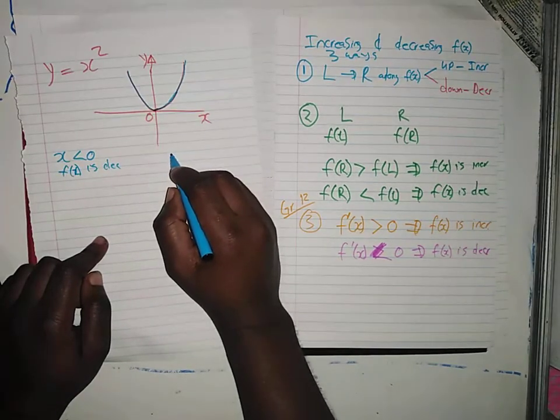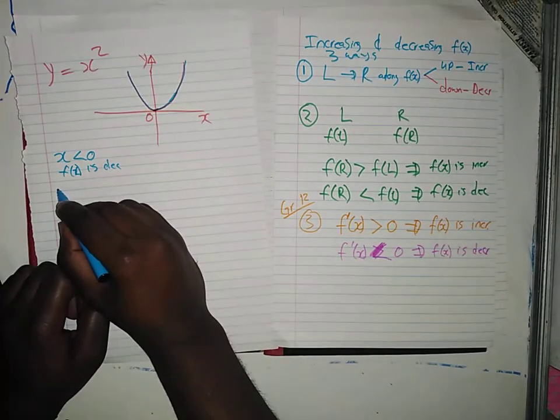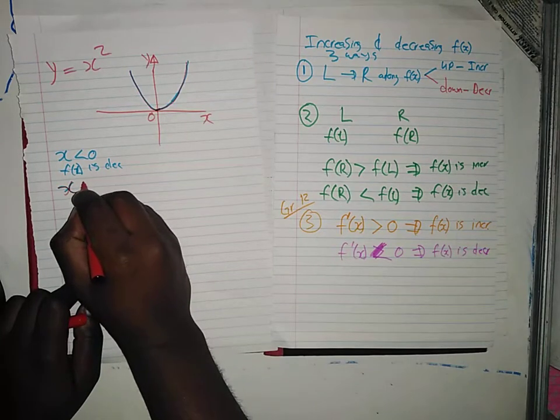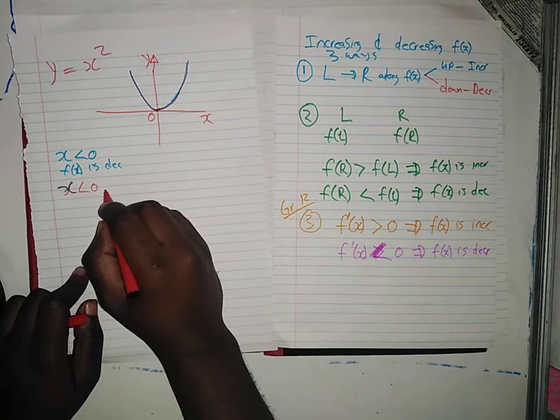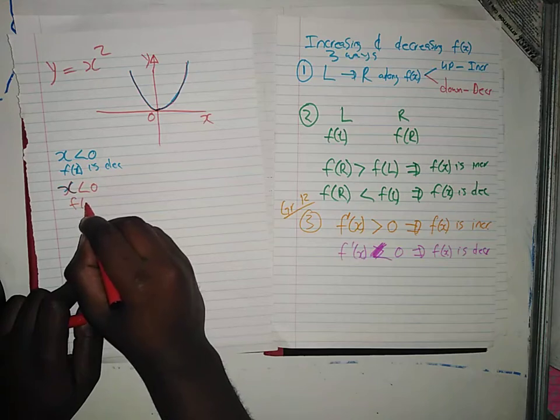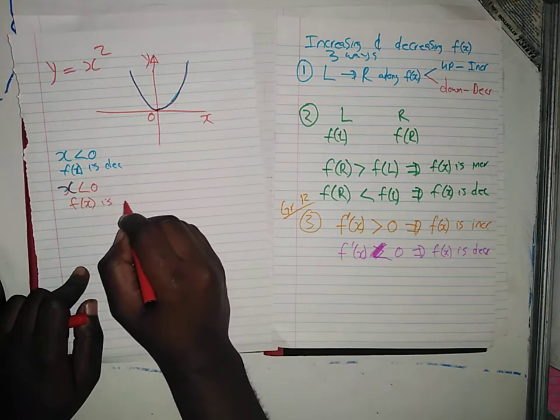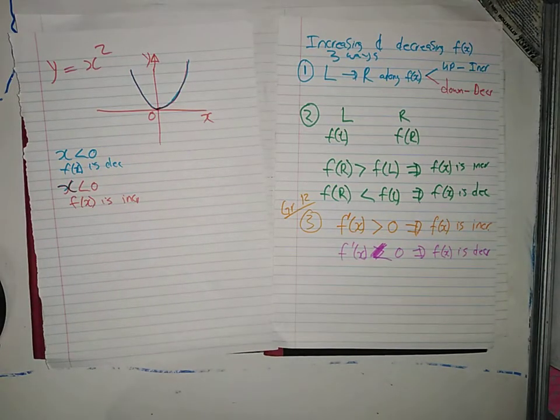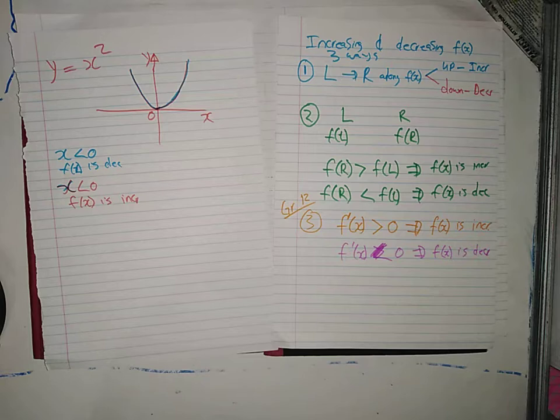But now when we look at x that is greater than 0, then we also see that f at x is now increasing. That is very important to note: sometimes the behavior of the graph, whether it increases or decreases, changes from interval to interval. That is something that we must always note.